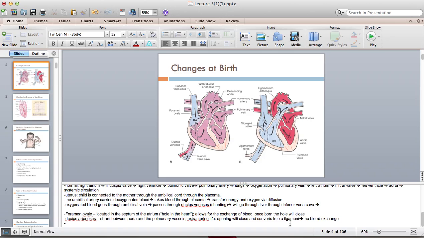Another one that you will notice will be that opening between the ventricles that allows mixture of blood in those ventricles. So you have the intraventricular shunt, the foramen ovale, which is in the atrium, and also the ductus arteriosus that is at the arch of the aorta.